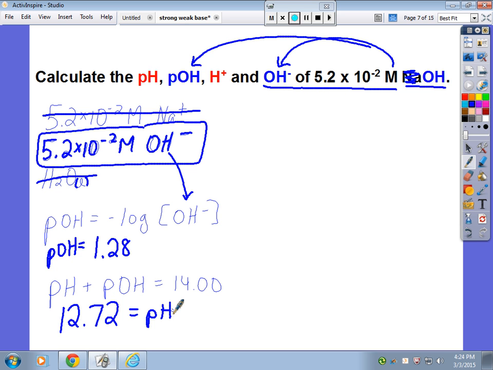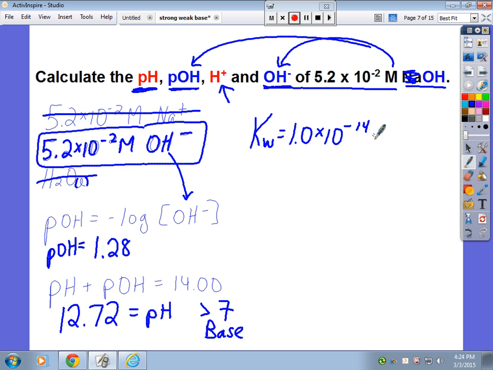Okay, now, what's pH tell me? It tells me if I have an acid or a base. And since it's greater than 7, I know I have a base. So, I know this, I found my pOH. How do I find H plus? Well, I can do it a couple ways. I can use my Kw formula, and plug in all the H plus and all the OH minus floating around.